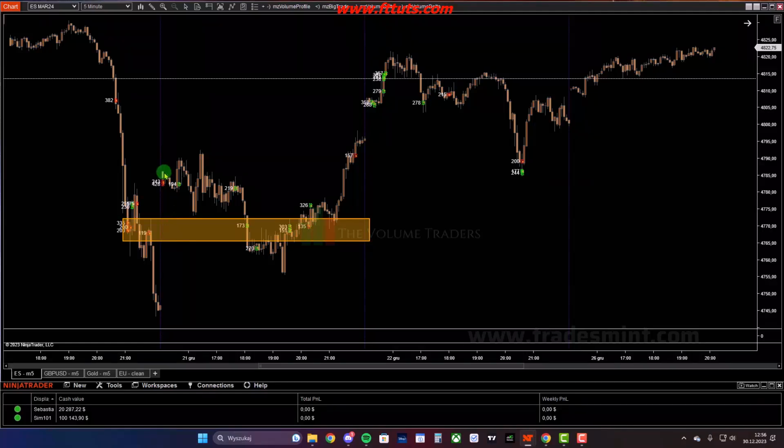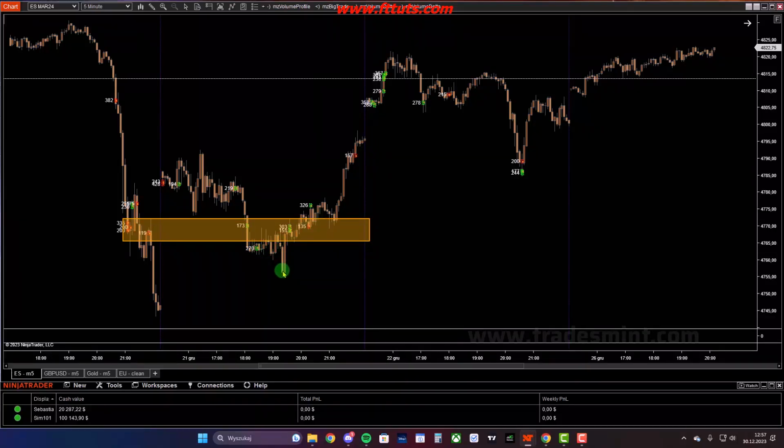It means that probably more participants want to see a bullish market rather than a bearish one. So that could be an area of interest to look for buys. And the buyers' activity appeared here, below the zone, some big buyer appeared.